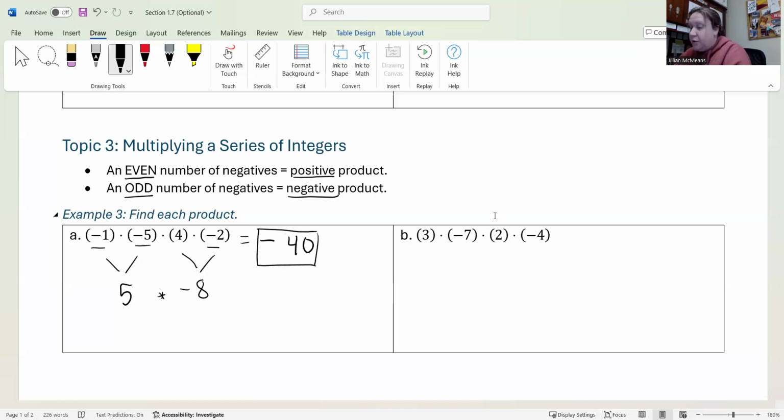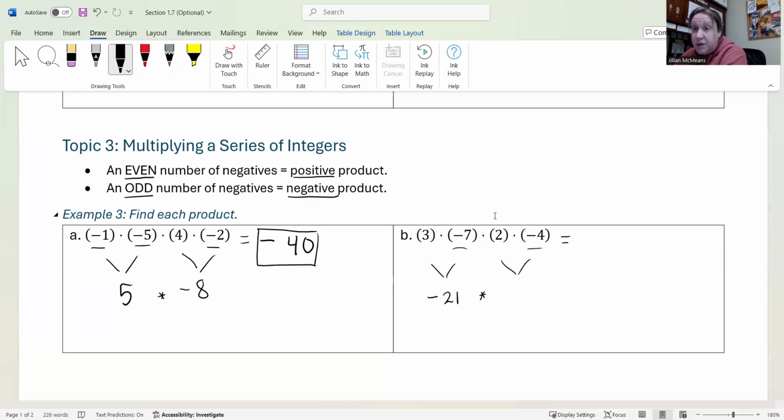Okay? For part B, let's count the negatives again. I have 1, 2 negative integers. 2 is an even number, so this is going to have a positive product, but we can prove it to ourselves. We can multiply 2 by 2 again. Okay? So 3 times -7 is going to be negative, and then 3 times 7 is 21.